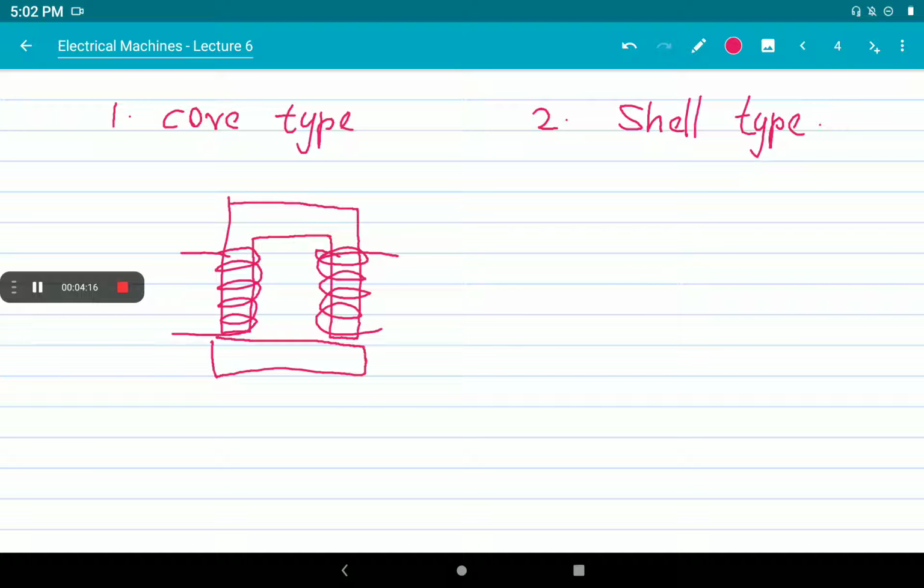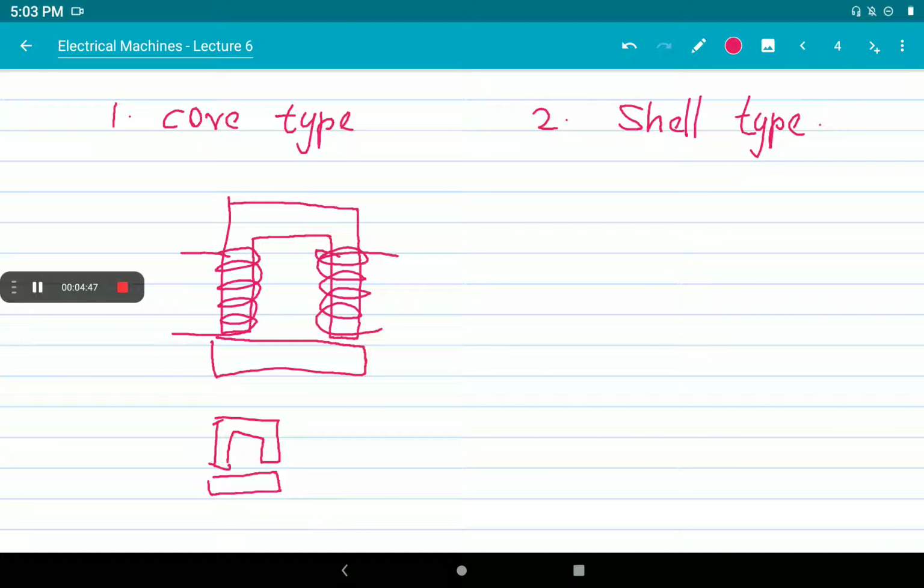What is a core type transformer? Constructionally, we make C-shaped laminations. Numerous laminations in the C-shape are stuck together, and in between these laminations we use insulation like mica or paper varnish. There is no air gap between the straight bar and the C-shape.